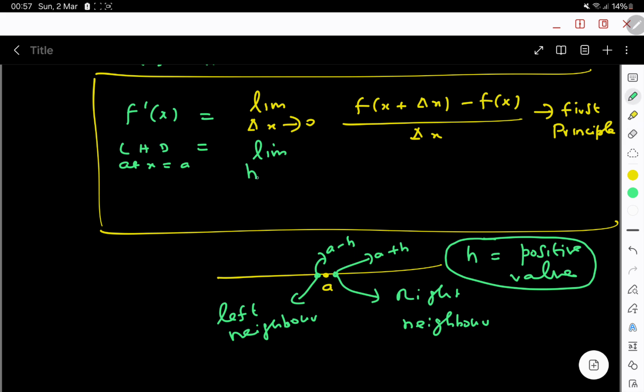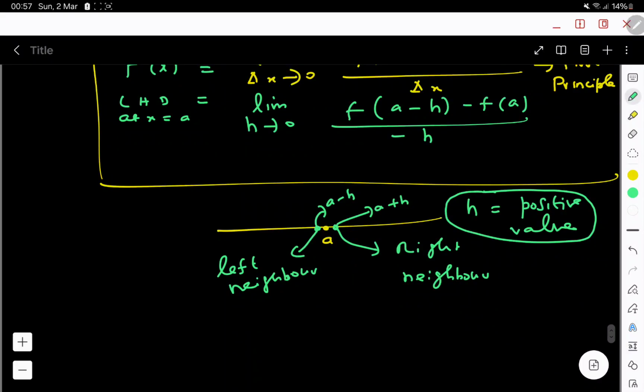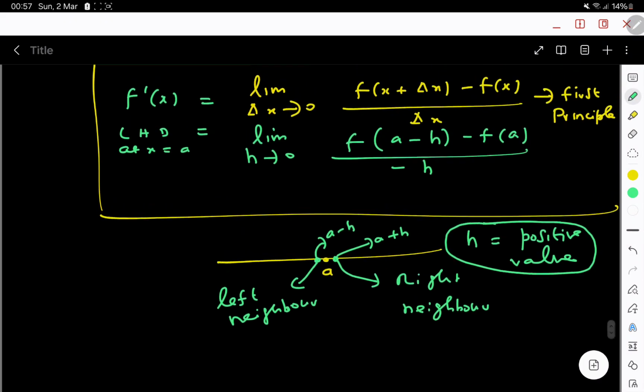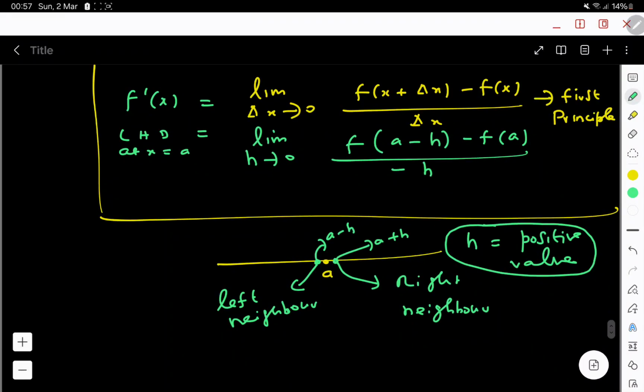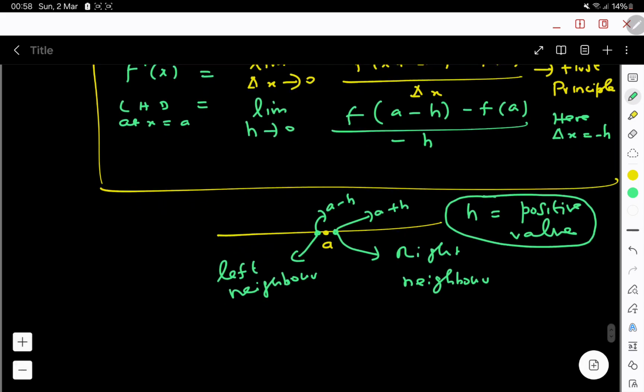Limit h tends to 0, left hand derivative: x is equal to a and delta x is equal to minus h, f of a minus h minus f of a, because we find the derivative at x is equal to a, divided by minus h. This is the left hand derivative. In the left hand derivative, delta x equals minus h; then only that point comes before a.